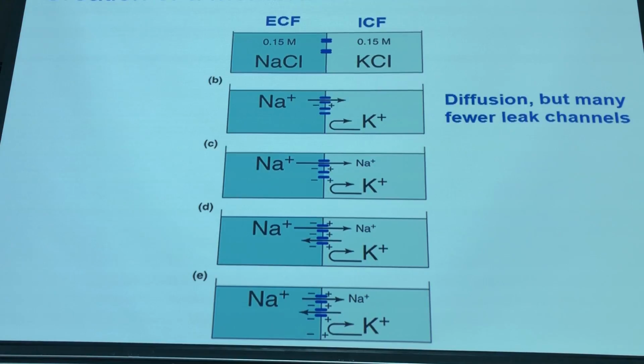In other words, it's one of the reasons that sodium and potassium have unequal contributions to that electrical charge, because of unequal leak channels. So the ions are not moving the same with regard to sodium and potassium. But essentially, the same thing happens, and this is in your book, as with the potassium, okay?